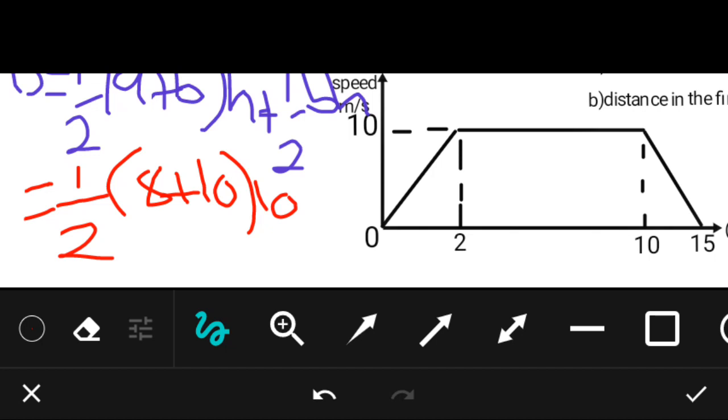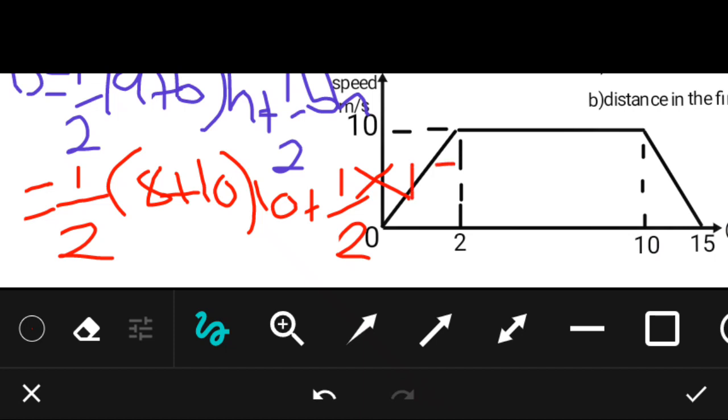Then plus half. Then the breadth for the triangle here, rather the base for the triangle here, is 15, meaning the distance from there up to there. So we'll say times 15.